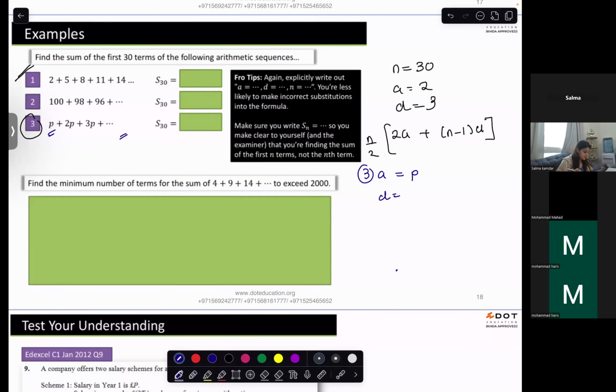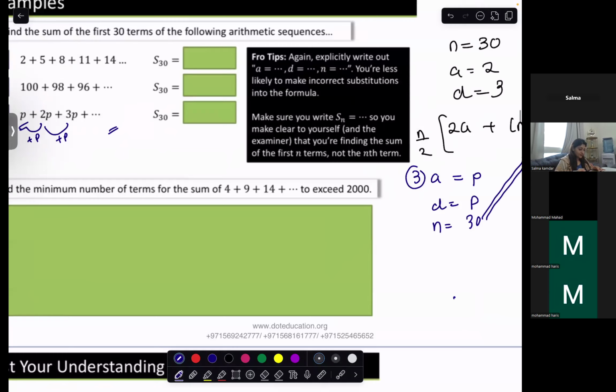My D is P, so it's increasing by P every time. And what is my N? N is 30. So I can just put it in the formula. Okay, let's do the next one.